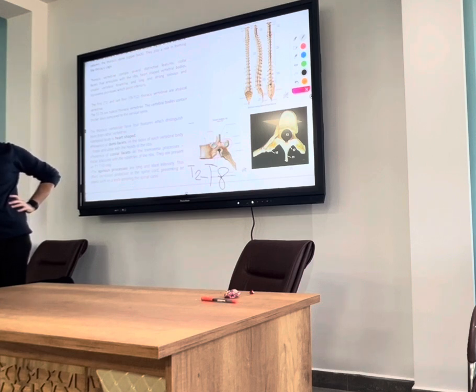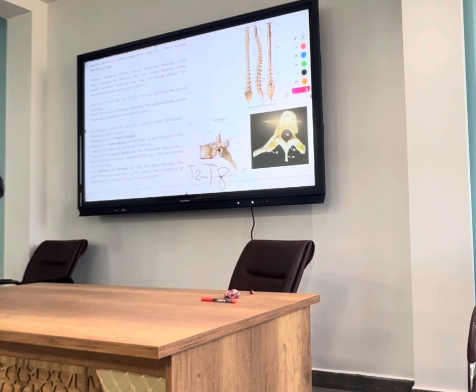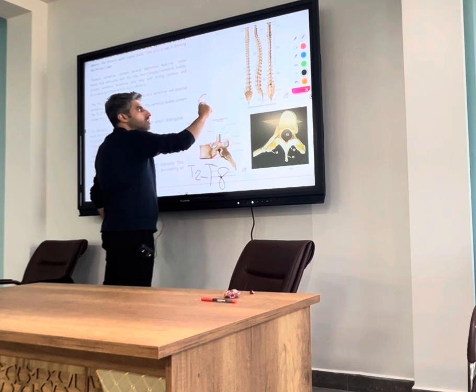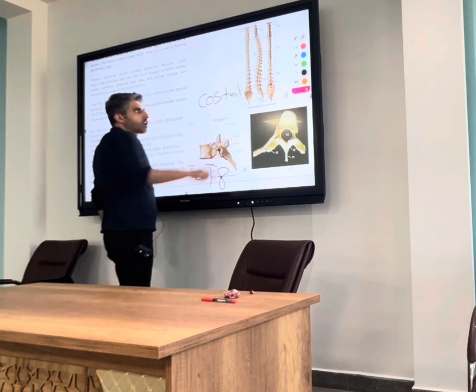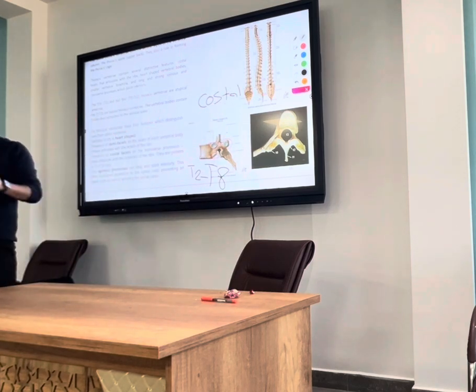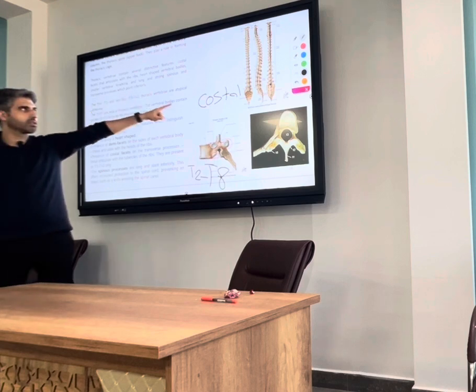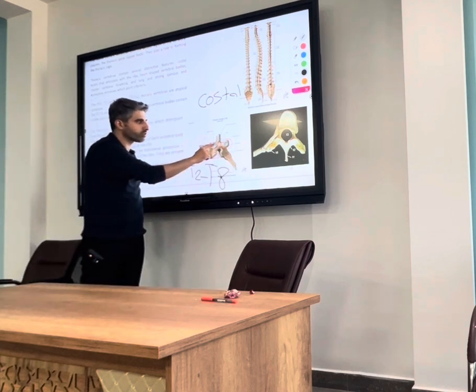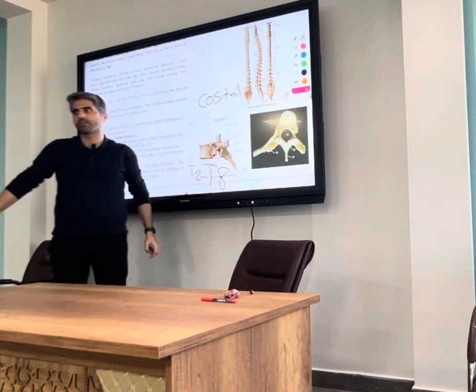What is the name of this area? These are for attachment of the ribs. Ribs have one adjective, we call it costal. Costal means rib. Costal surface means rib attached to this surface. Costal space means between ribs. So these are costal surfaces for the ribs.